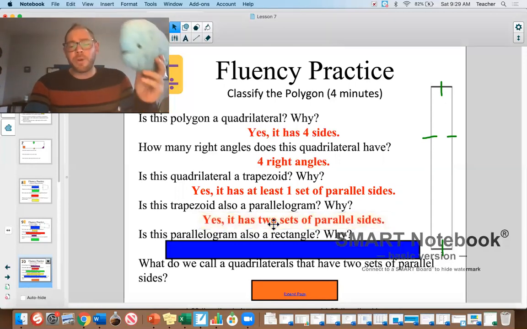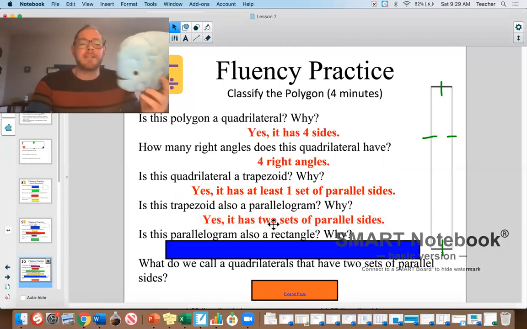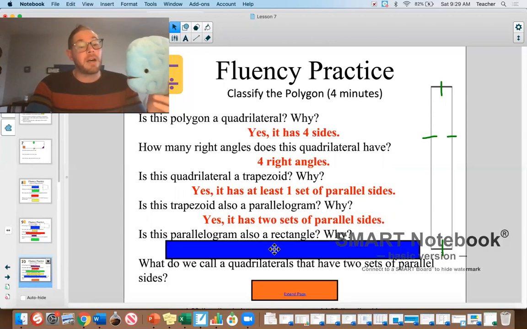Yes, it has two sets of parallel sides. You're right, and a parallelogram always has two sets of parallel sides. Is this parallelogram also a rectangle, and why?